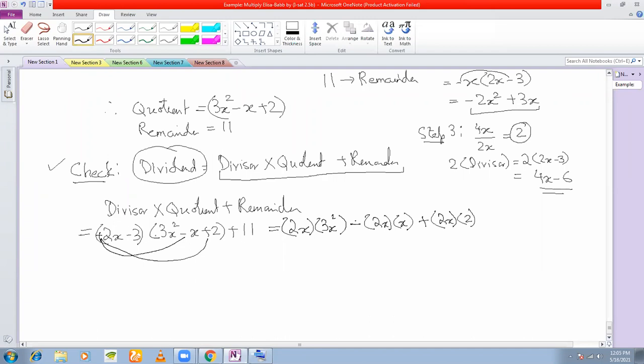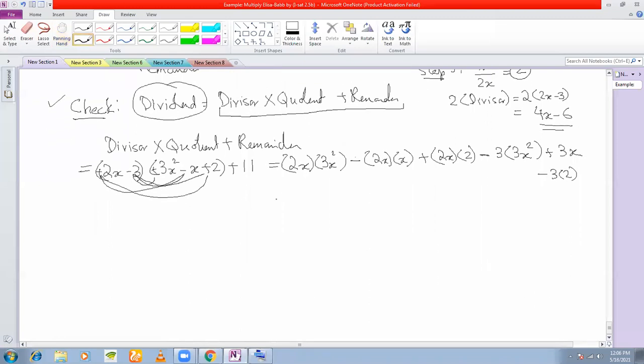Then this minus and plus will combine to give you a minus sign, 3 into 3x square. Then this minus will combine with this minus to give you a plus sign, 3 into x, simply let's write 3x. And this minus sign will now combine with this plus sign to give you a minus sign, 3 into 2, which is 6.